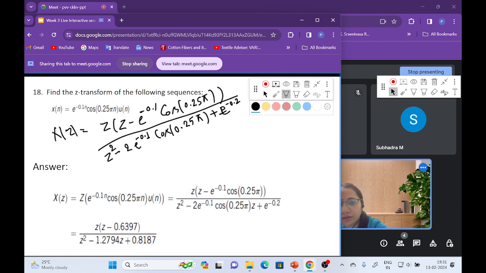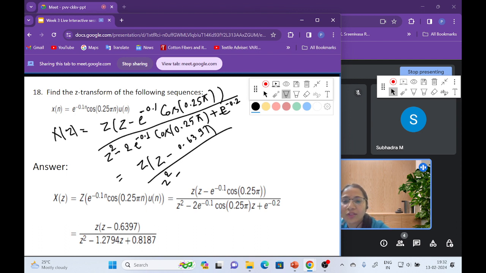Okay, so z, when you calculate the e to the power minus 0.1 value and the cos 0.25 pi value, the cos 0.25 pi value is 0.707, and similarly e to the power minus 0.1 value, multiply both of them, then you will find 0.6397 divided by z square.